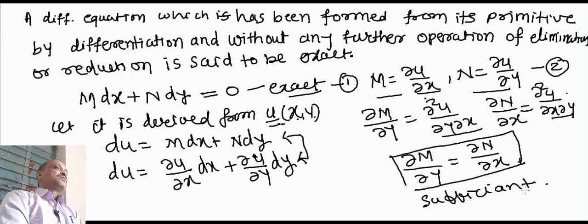So we have the necessary condition, M equal to del u by del x and N equal to del u by del y, and the sufficient condition, del M by del y equal to del N by del x. Whenever equation 1 is exact, this condition must be satisfied, or whenever this condition is satisfied, equation 1 is called an exact differential equation.